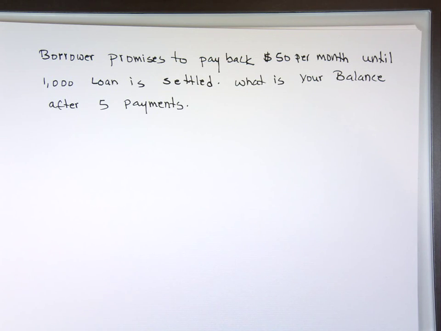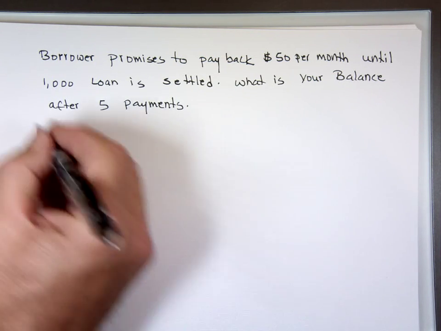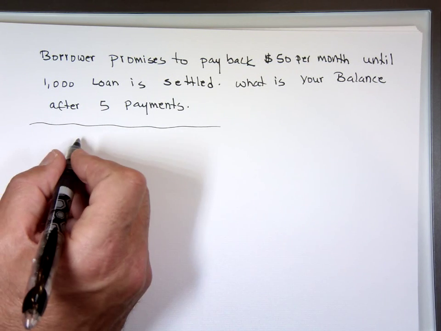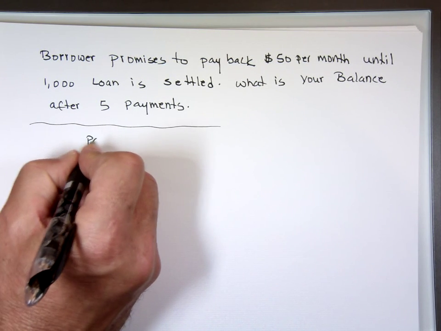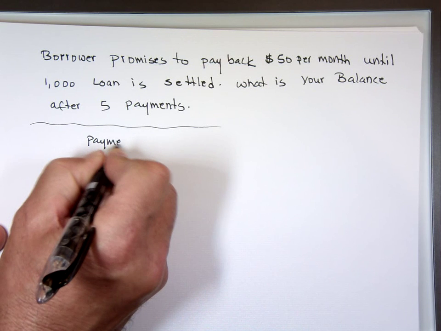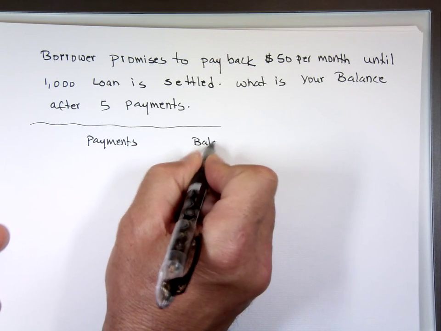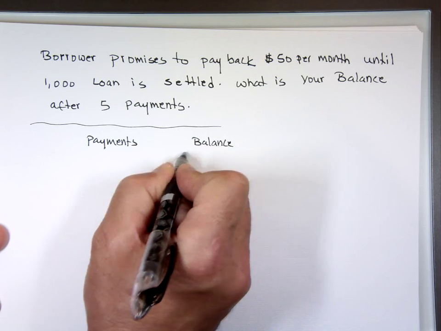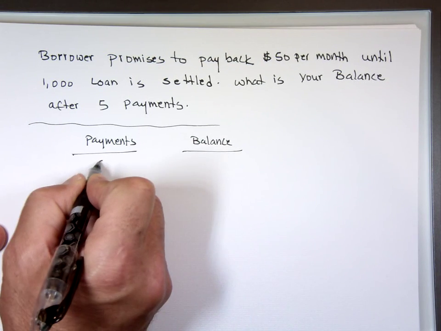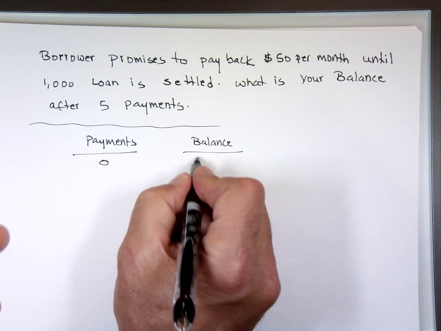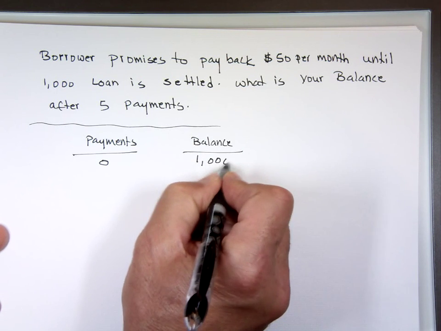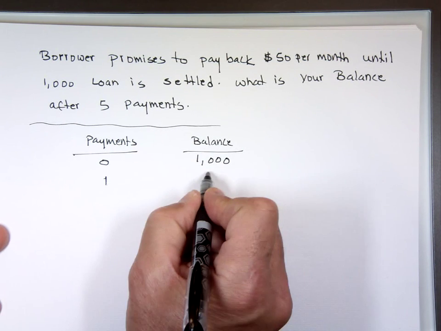So if you make a table to see what's happening, this is number of payments and this is the balance. Before you make any payments, 0 payments, you owe your mom how much? $1,000. After 1 payment, what do you owe her?